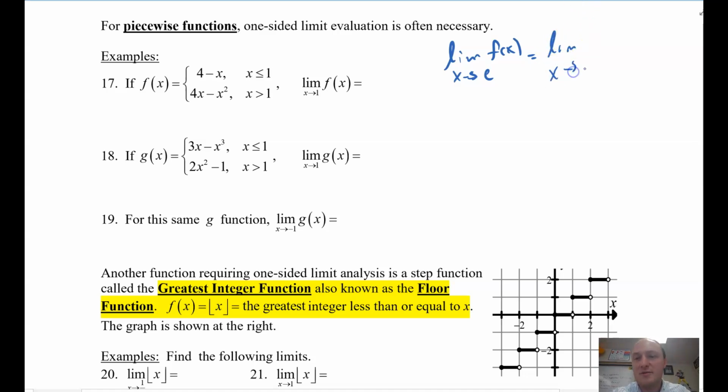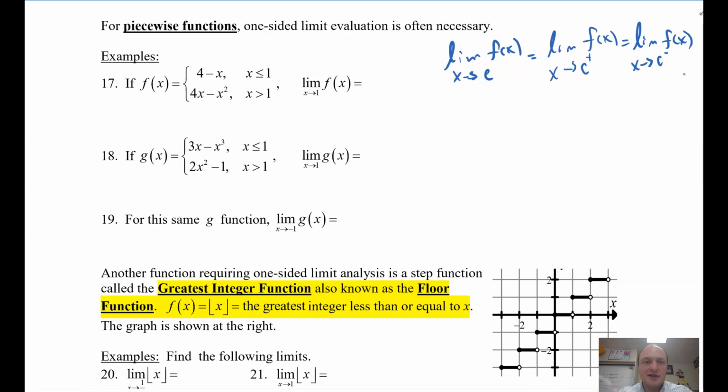As x approaches from the right, the value has to be equal to the value from the left. That's algebraically your definition of a limit.